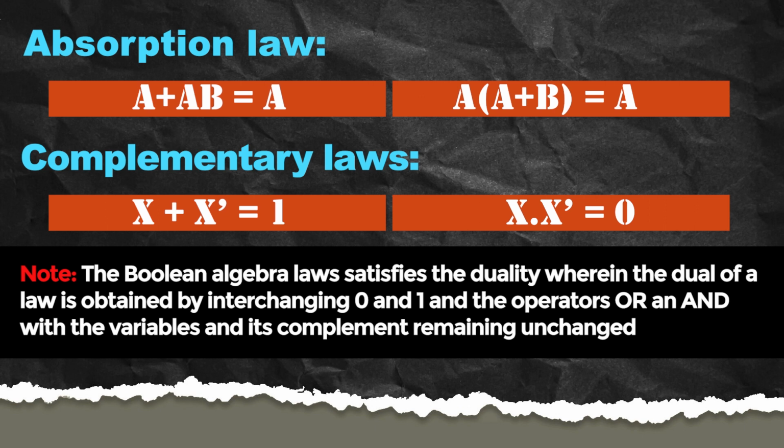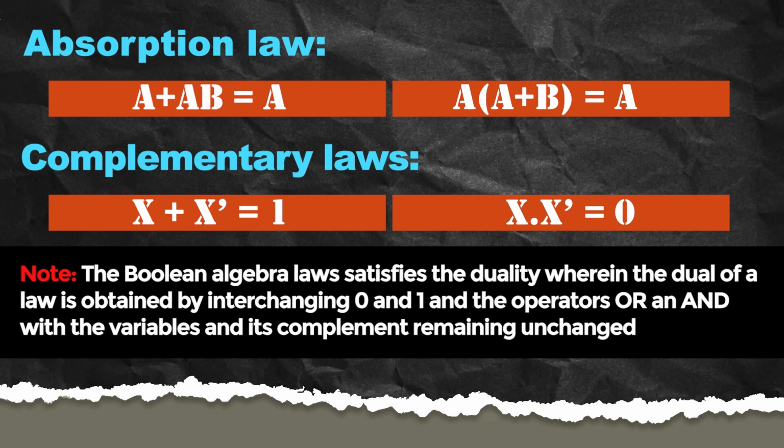So, you can see that in the idempotent law, x plus x is equal to x. So, the operator is plus. So, if I change it to dot, we get x dot x is equal to x. In the complementary law, we have seen that x plus x bar is equal to 1.